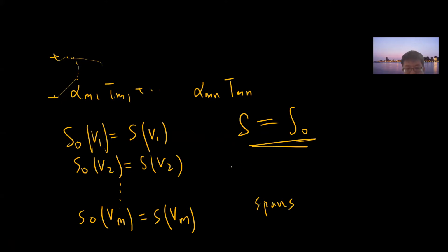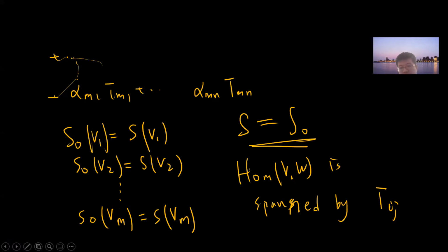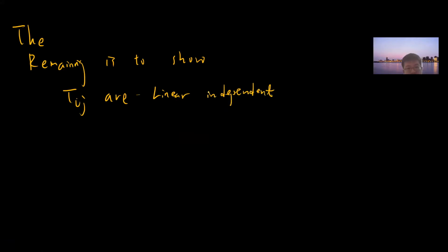What I'm saying is that Hom(V,W) is spanned by the family Tij. So it remains to show that this Tij are linearly independent. Since I already know that they span the whole space, the remaining thing to prove is linear independence.